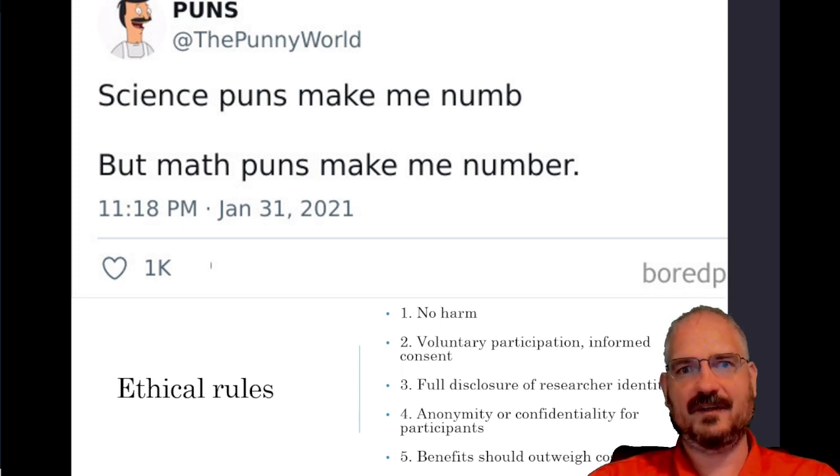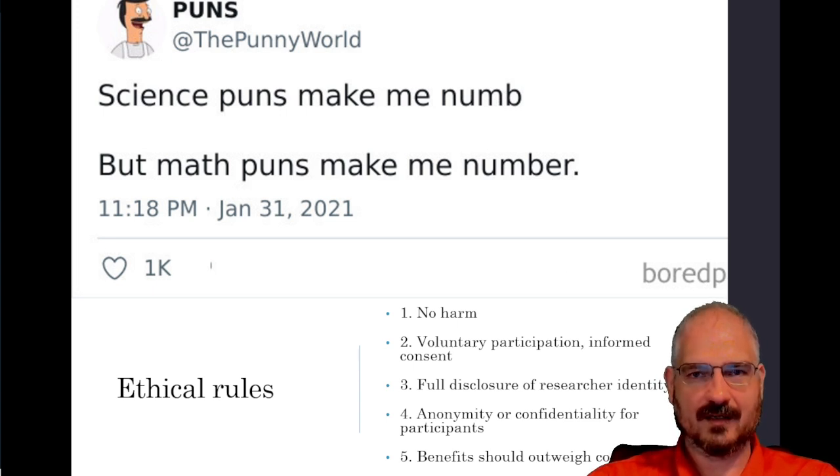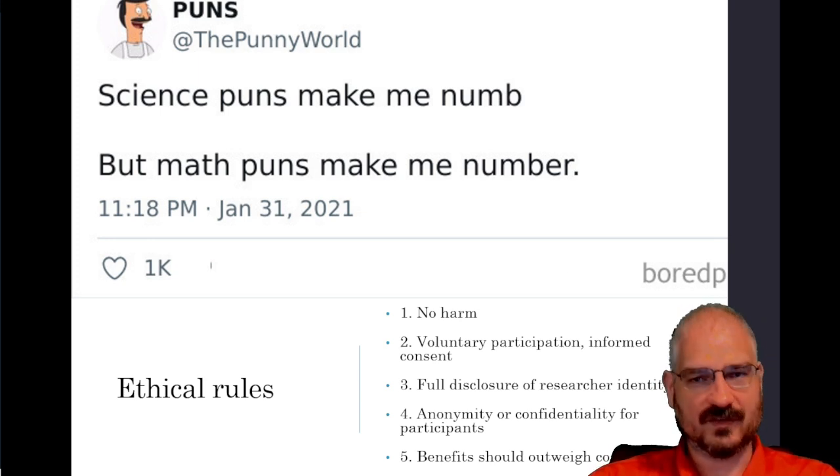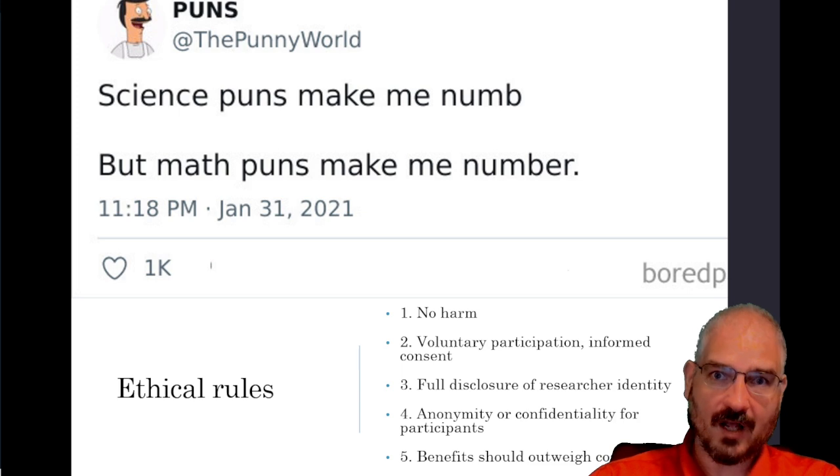And then finally, the benefits should outweigh the costs. And the cost not just being monetary, right? If I'm in a drug trial, one of the costs is I'm going to have to get stuck with needles. That's going to be a cost to me. A very minor one, but a cost to me.